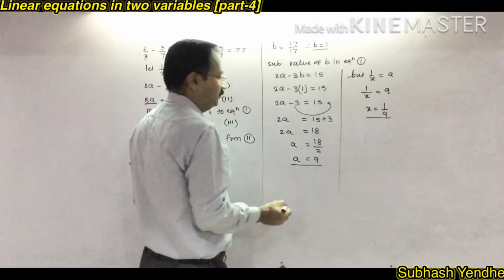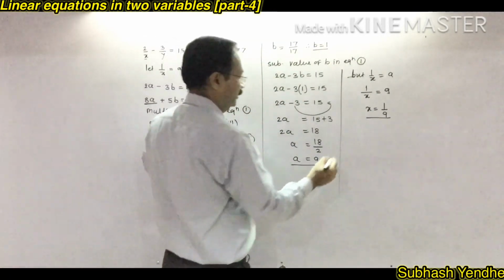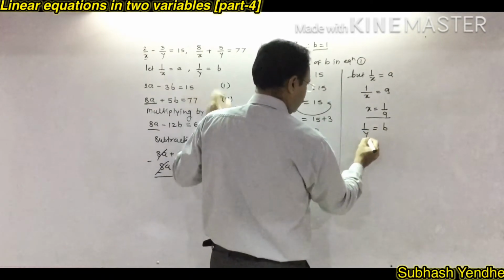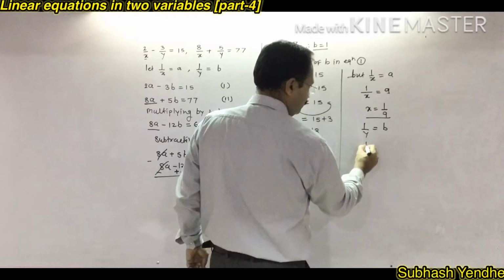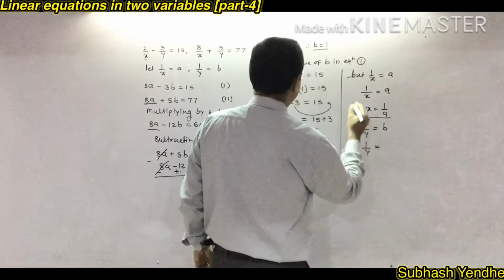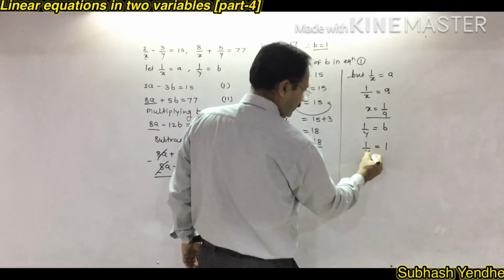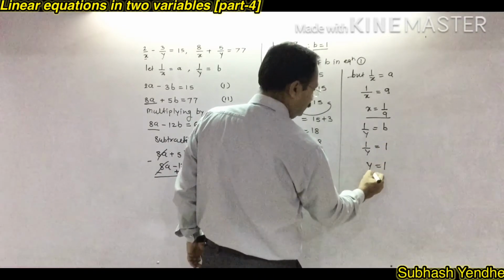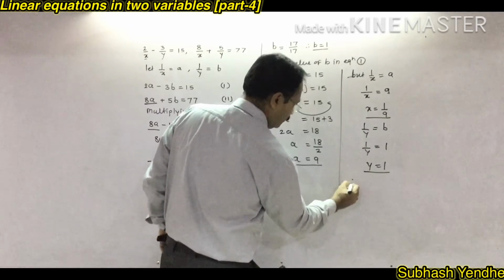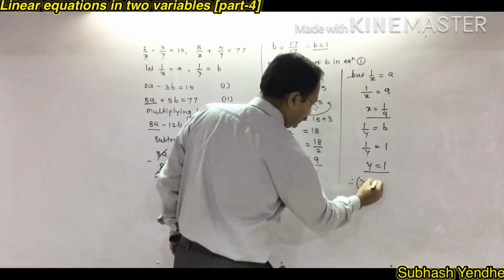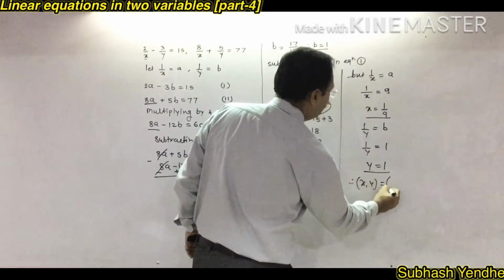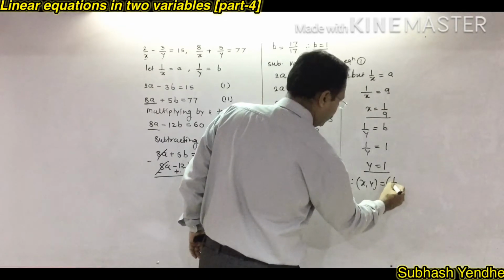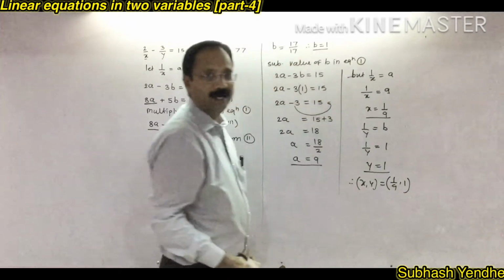And then if you substitute the value of y, 1 upon y equals b. The value of b I got here is 1. So y goes on that side and 1 will come on this side. So y equals 1. Therefore the solution for this one is x and y equals 1 upon 9 and 1.